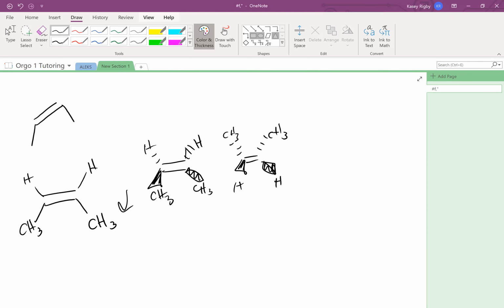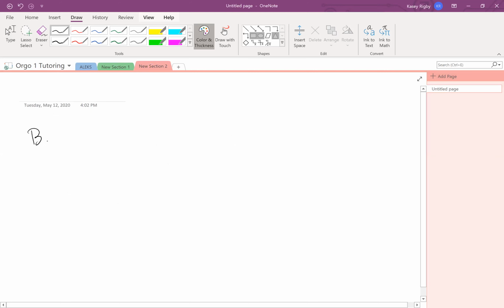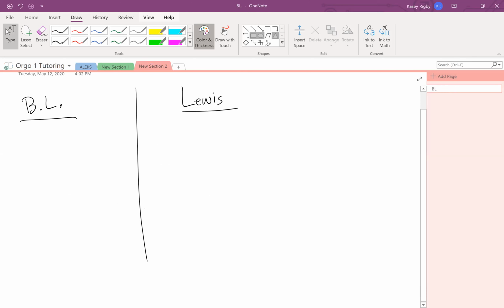Oh, okay. So let's talk about acids and bases real quick. I'm just gonna make a new section for this. Bronsted-Lowry acids, so I'm gonna put BL acids, or BL versus Lewis. Okay, this is pretty easy. Honestly, it's not that hard. It just seems a lot harder than it is. So Bronsted-Lowry acids donate hydrogens.